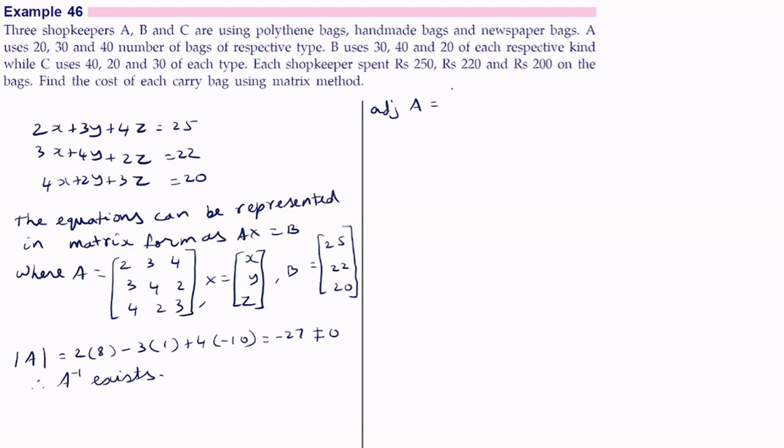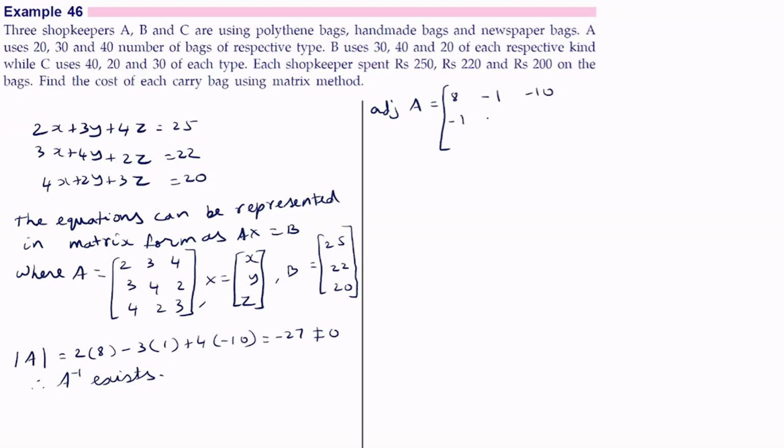The first element is positive. It is 12 minus 4, which is 8. Then here it is negative. 9 minus 8 is 1. So minus 1. And next we have 6 minus 16, which is minus 10. Then for the next term, it is negative. 9 minus 8 is 1. Next is positive.